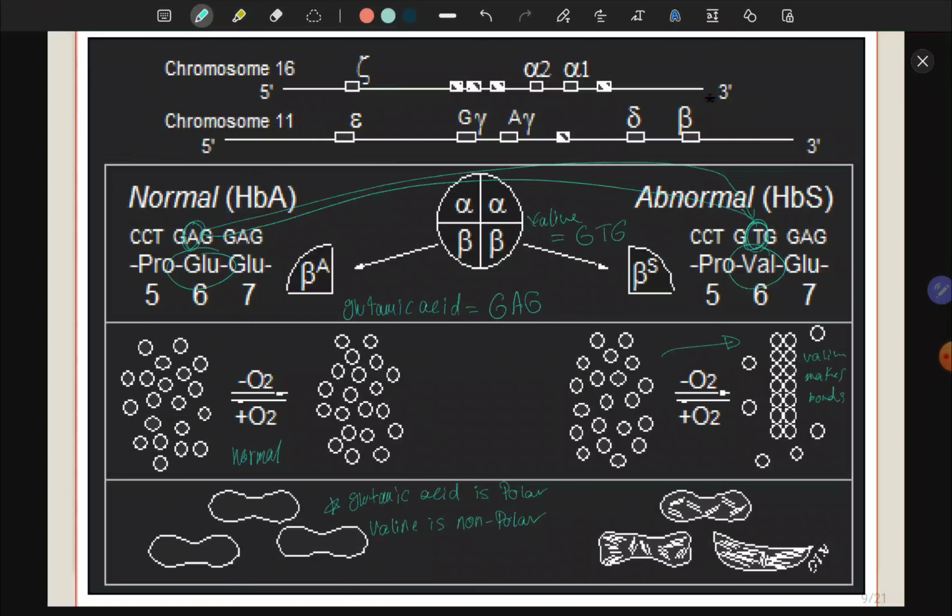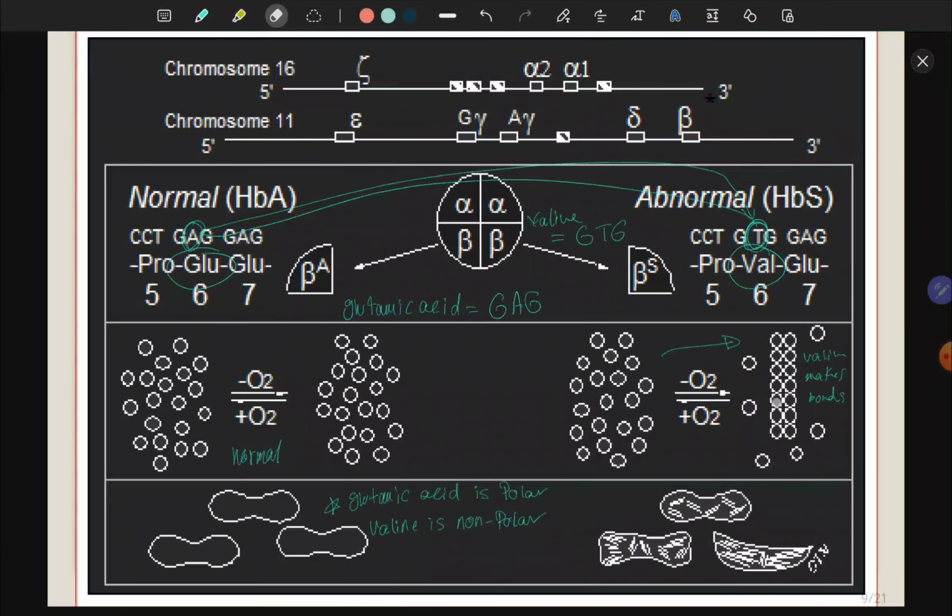Why am I mentioning this? The hallmark of hemoglobin S is forming polymers. Polar and non-polar, this is not important. What is important is the polymer formation, like strands inside the RBC.